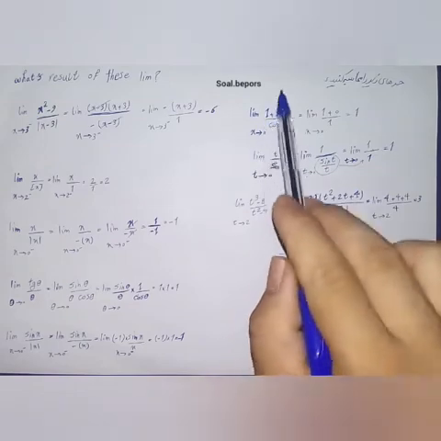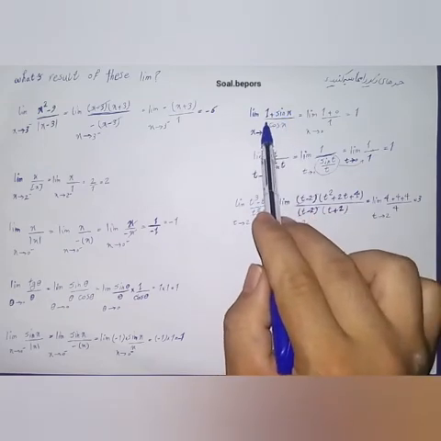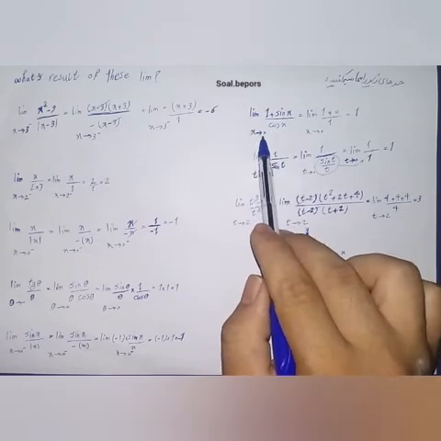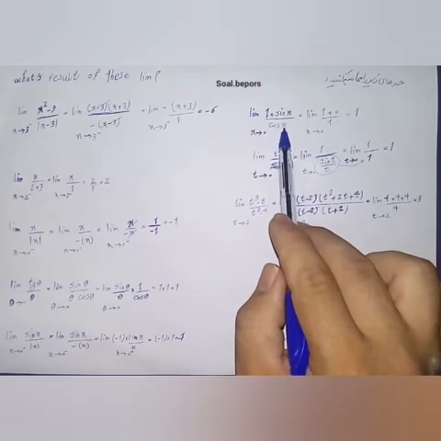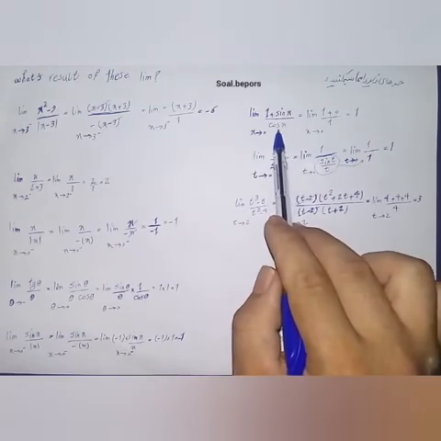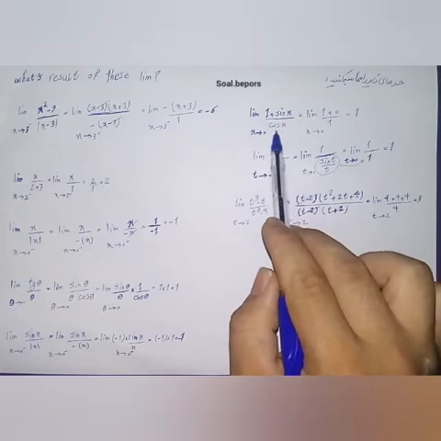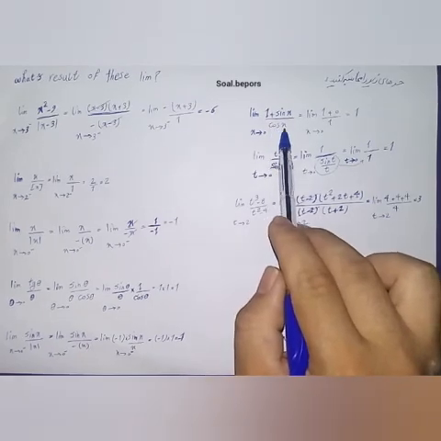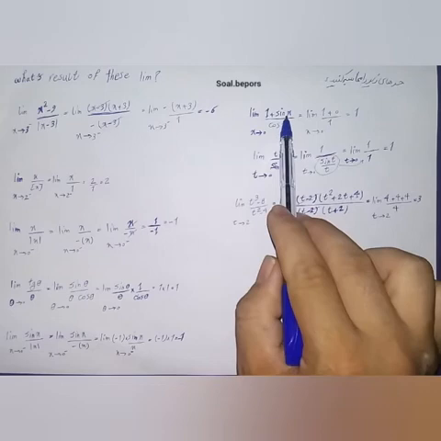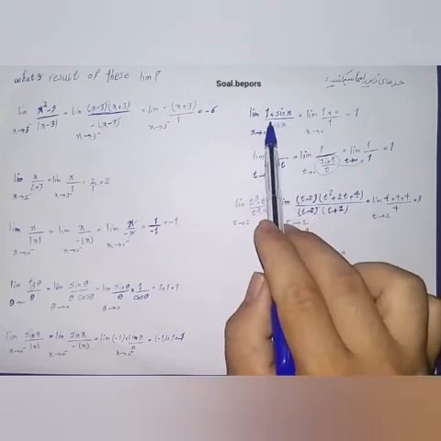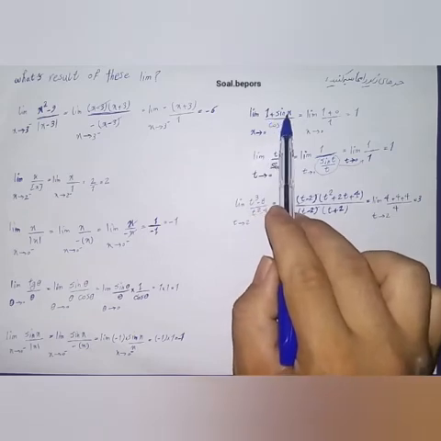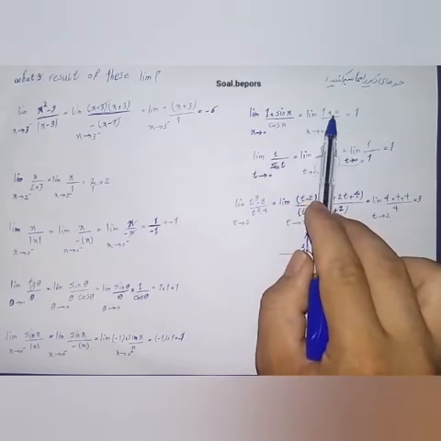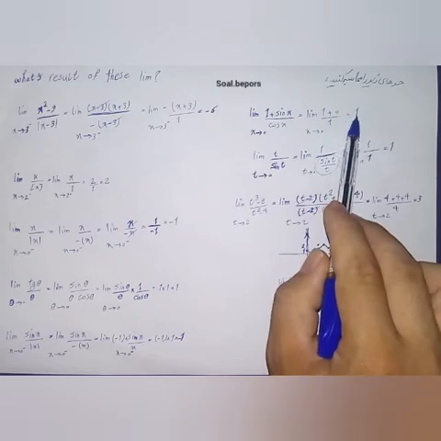Another example is the limit of 1 plus sine x divided by cosine x when x goes to 0. We put 0 in the equation and we get in the denominator cosine 0 is 1, and in the numerator 1 plus 0, and at the end we have 1.